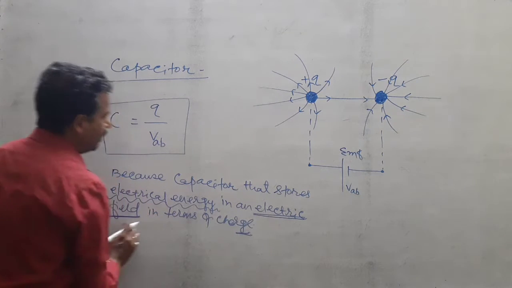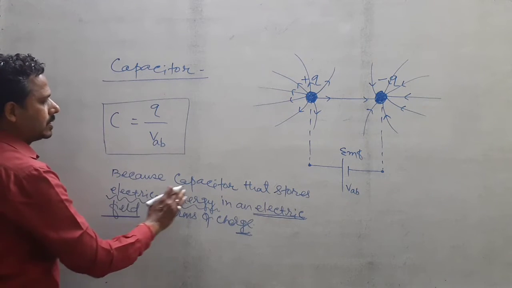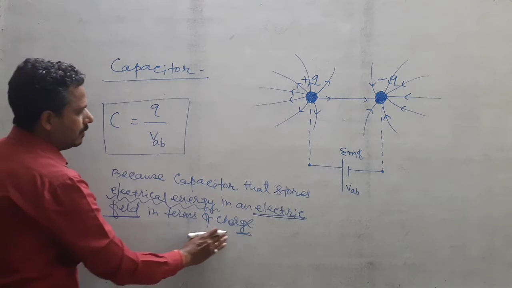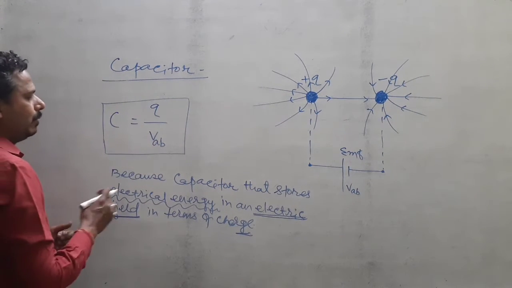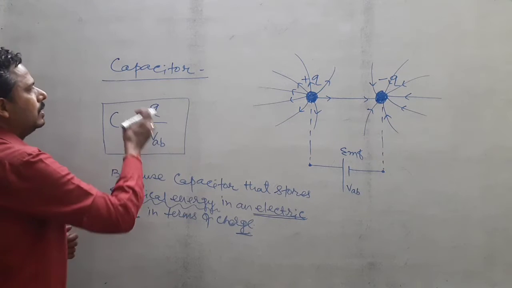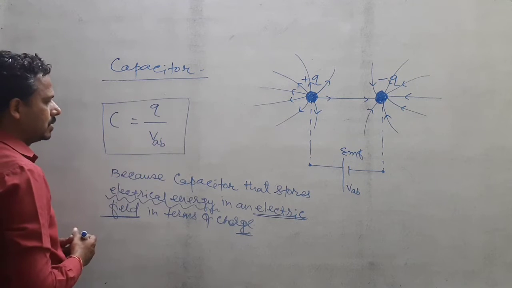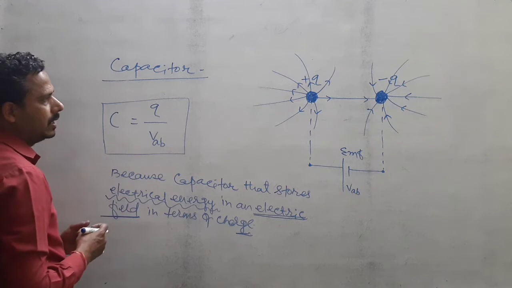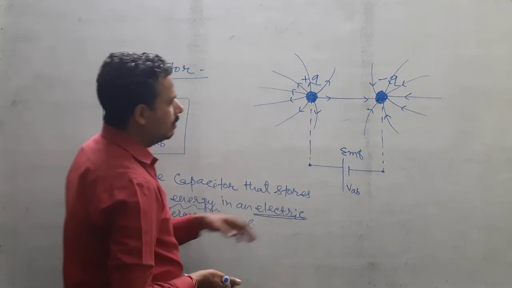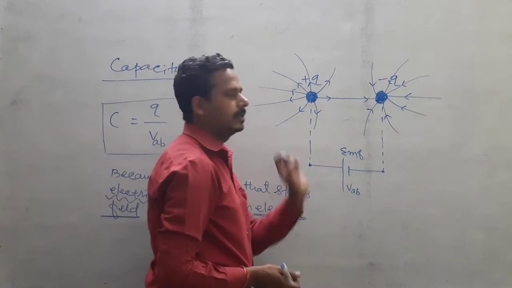By this electric field we store electrical energy in terms of charge. That means you have to integrate to find the capacitance of this capacitor. You have to integrate the electric field. There is a relation between potential and electric field.